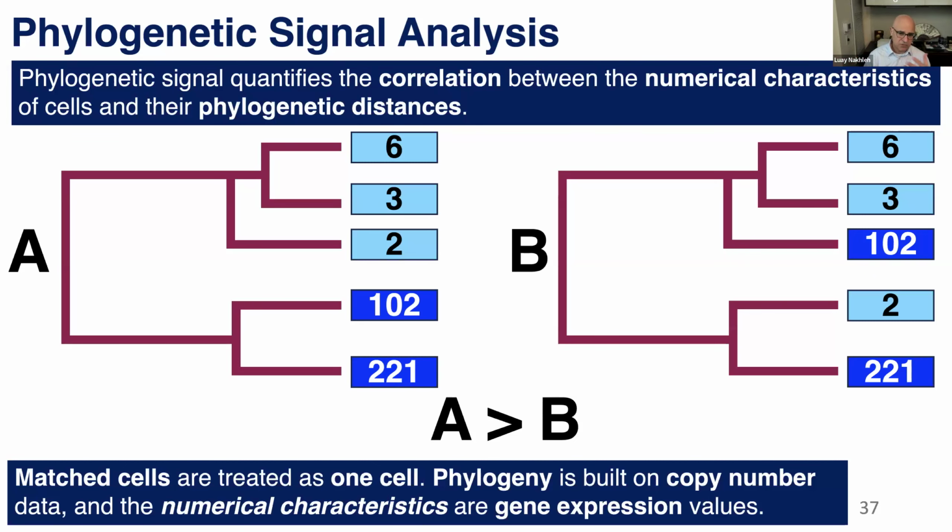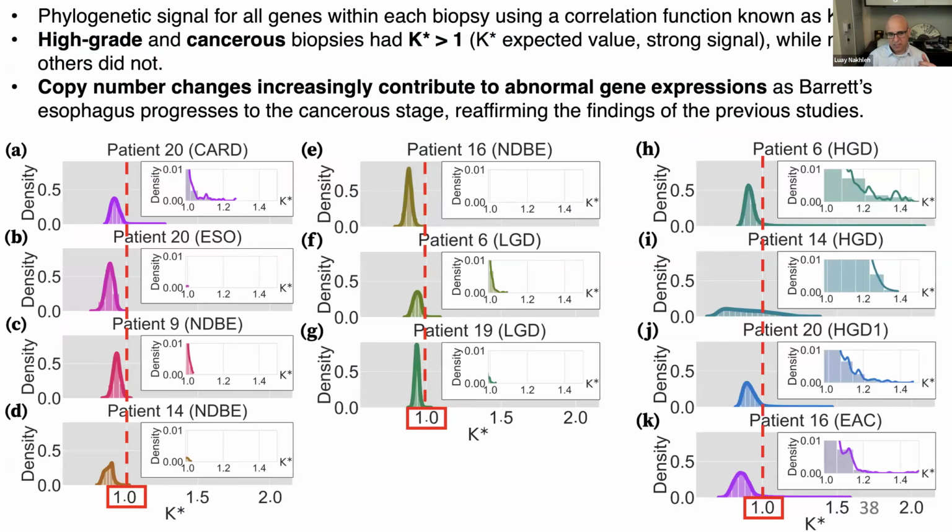So we used this kind of technique and we applied it to the data here. Every panel corresponds to one patient, and what's above the panel is the stage. NDBE is the non-dysplastic Barrett's esophagus, but the rightmost column is the high grade and the esophageal adenocarcinoma.